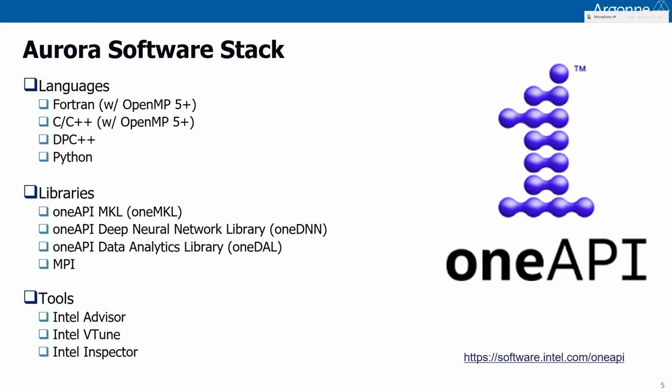And libraries, again, something that will be familiar to most folks. It is the Intel MKL math libraries, and then a number of their deep learning libraries for DNN and DAL, in addition to MPI. And then a lot of their familiar tools, VTune and Advisor and Inspector will be there.